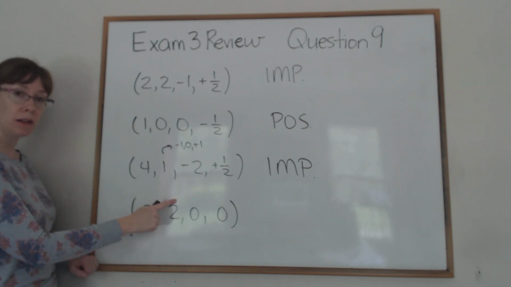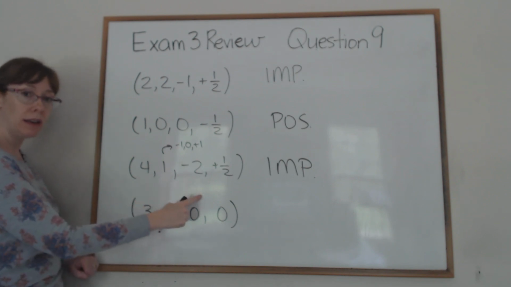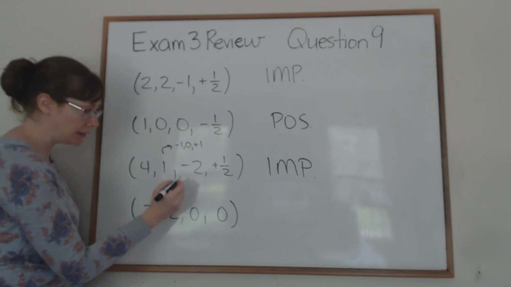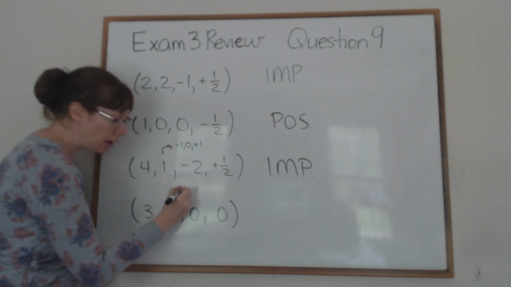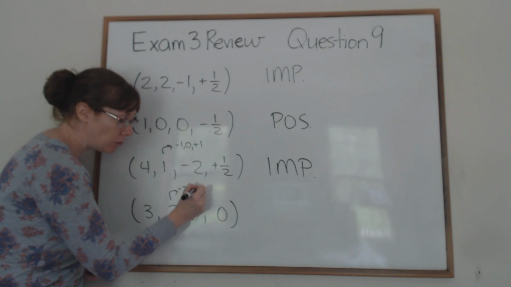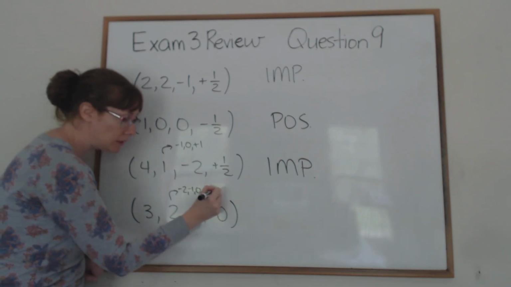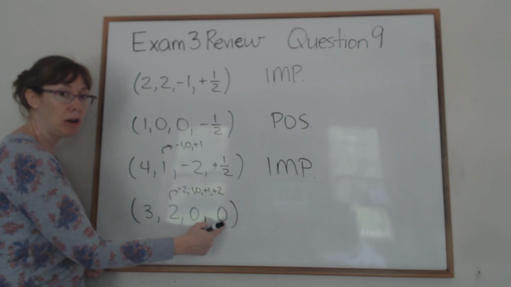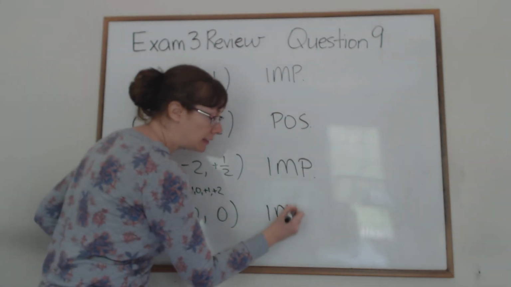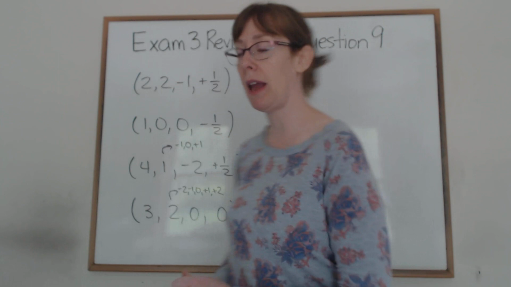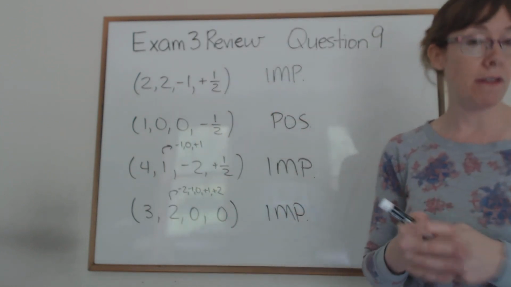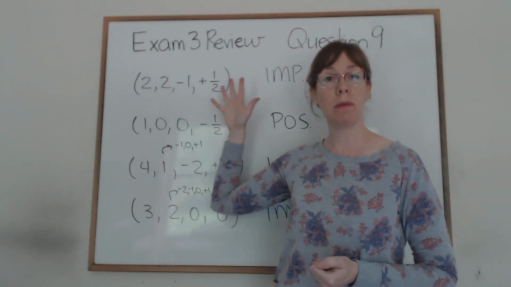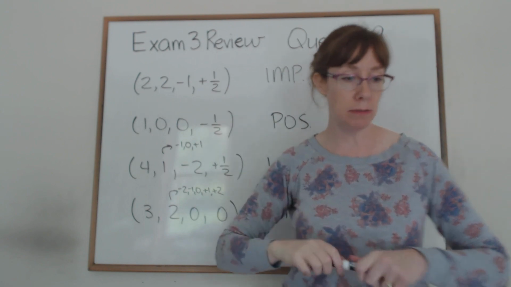The answer is yes. If l equals 2, can ml equal 0? The answer is yes, because if l equals 2, ml can be negative 2, negative 1, 0, positive 1, or positive 2. So it can be 0. That's fine. However, can ms be 0? The answer is no. ms has to be +1/2 or -1/2. And that's how you tell if a certain combination of quantum numbers is possible or impossible.